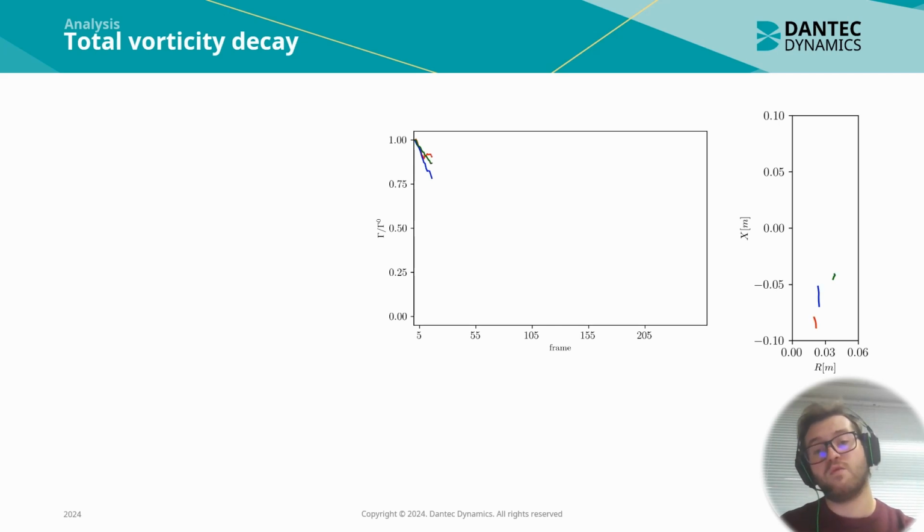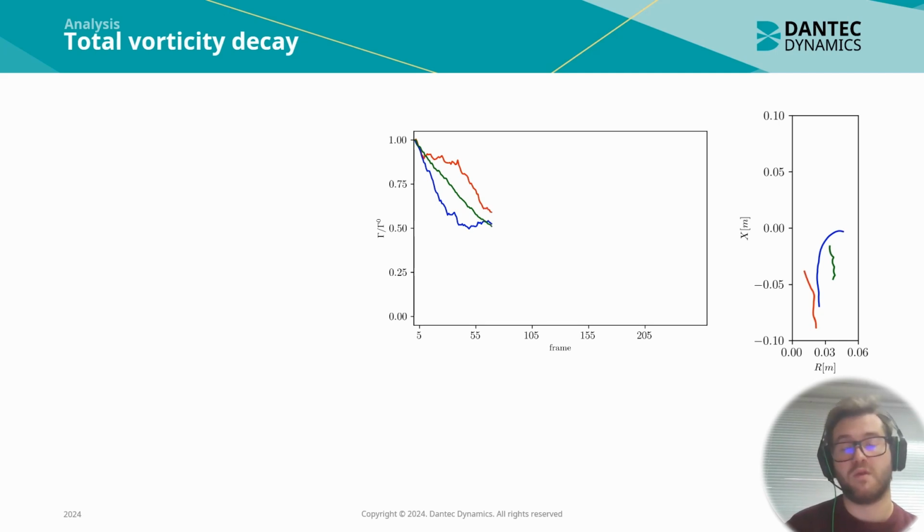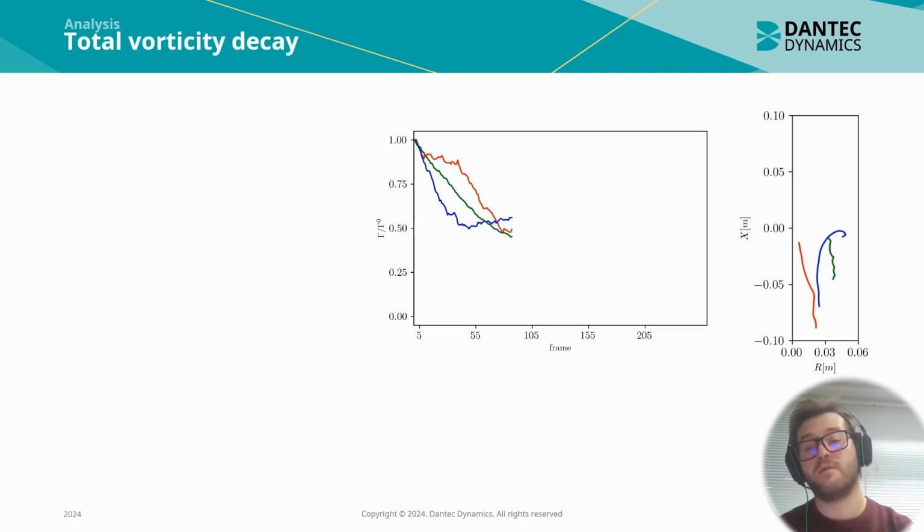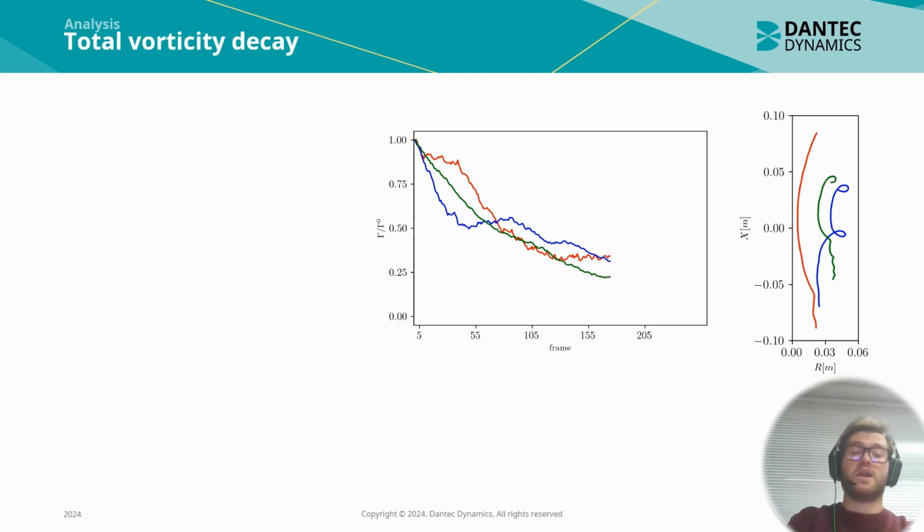Another interesting thing is to watch the total vorticity through time. In this case, to better show what we found, we non-dimensionalized the total vorticity with the value that they had at the first instant. And we can clearly see that in the first instant the blue, so the intermediate ring, loses some energy.